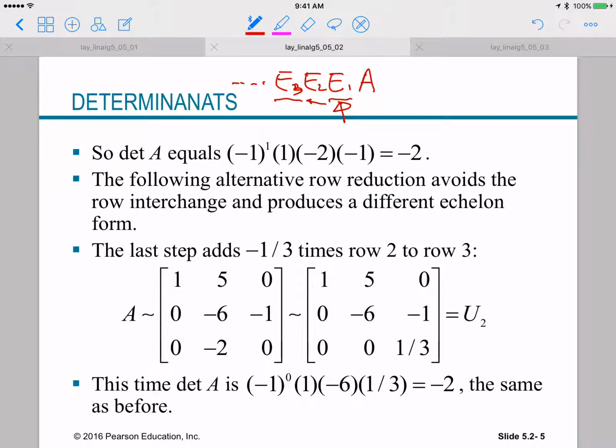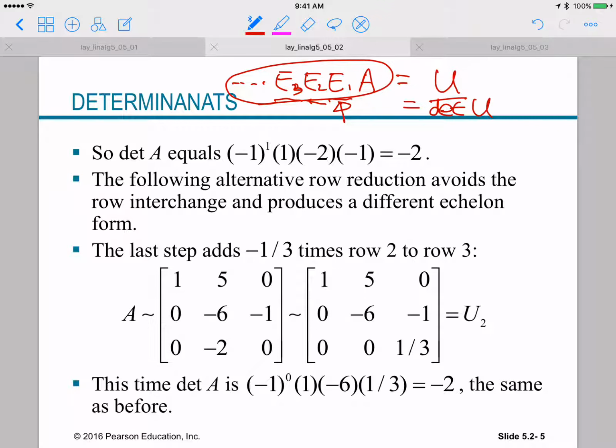And then after that we will obtain another form of the matrix, which will be the echelon form or reduced echelon form, right? And then the determinant of U will be the same as the determinant of this whole part.